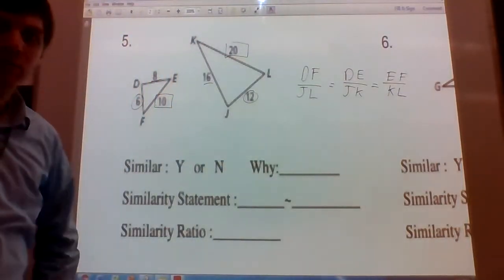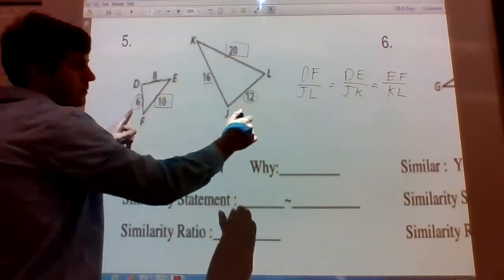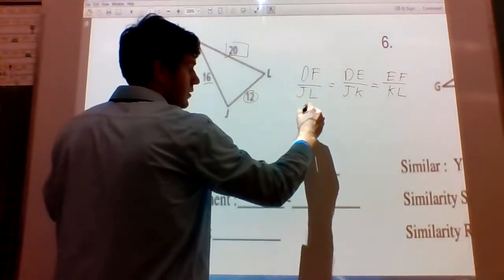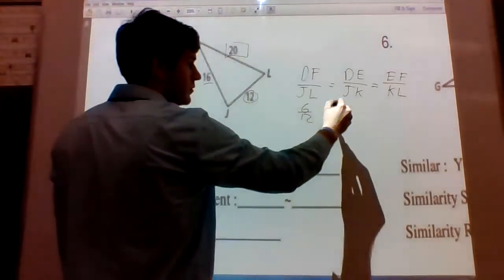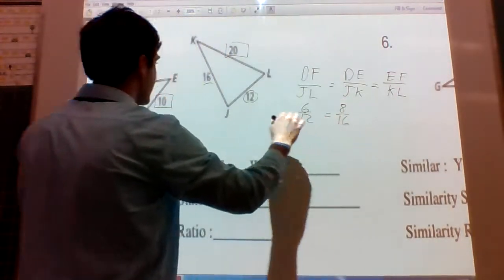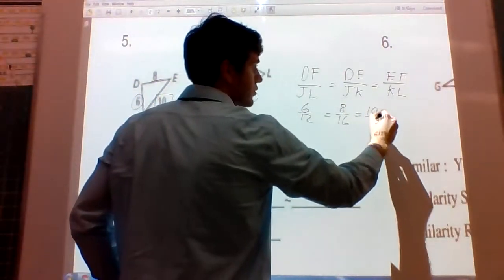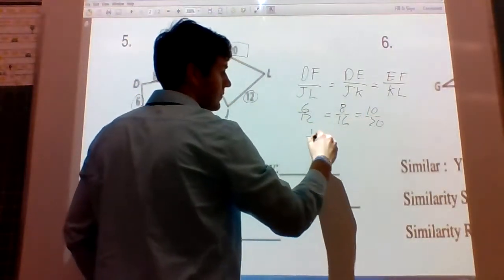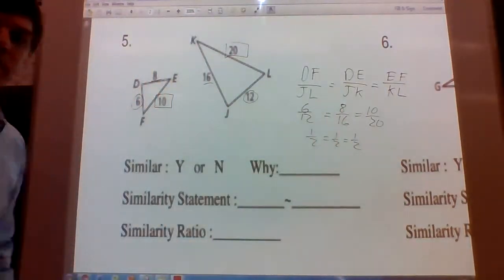They're just numbers. That's going to give us 6 over 12, 8 over 16, and 10 over 20. Reduce our fractions. We get 1/2 equals 1/2 equals 1/2.